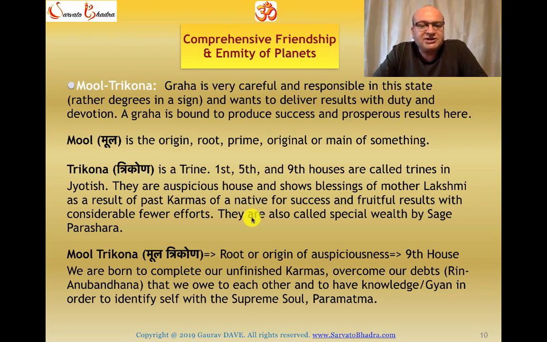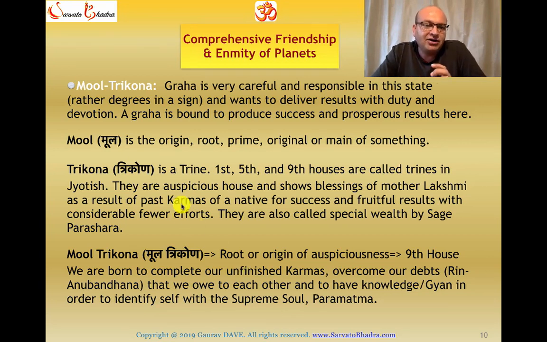So they are auspicious houses and they show blessings of Mother Lakshmi as a result of past karmas of a native for success and fruitful results with considerably fewer efforts. They are also called special wealth by sage Parashara. So trines give us fortune, trines give us luck, they give us abilities. 5th house is our prabandhan, our management, how much knowledge we have digested.